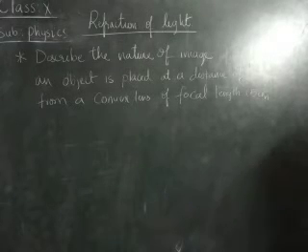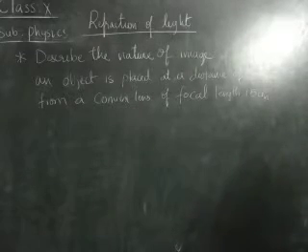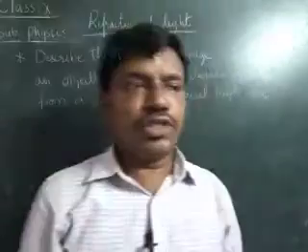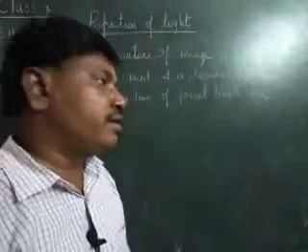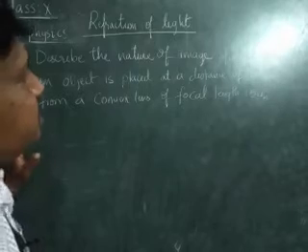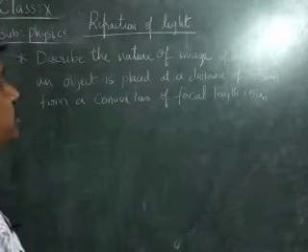Nature of the image means characteristics of the image, children. Characteristics of the image means how the image is formed, whether it is real or virtual, erect or inverted, diminished or enlarged, like that he is asking.